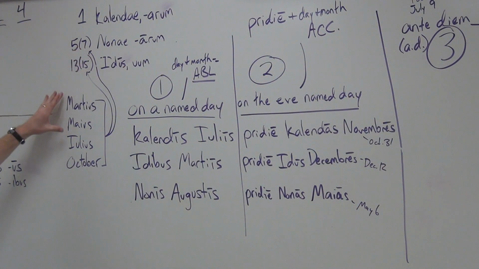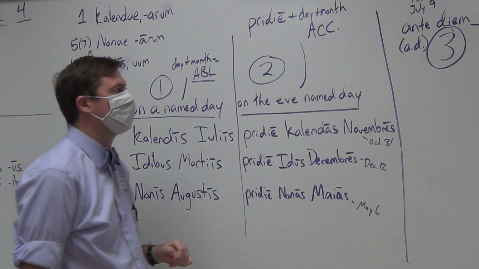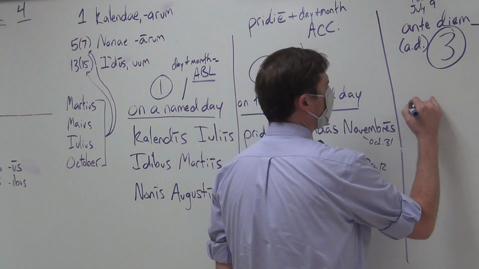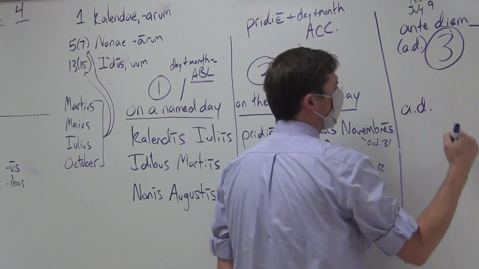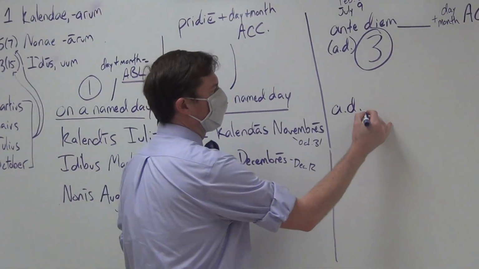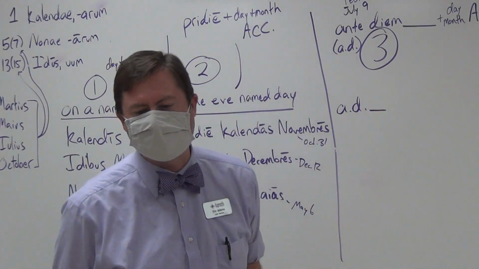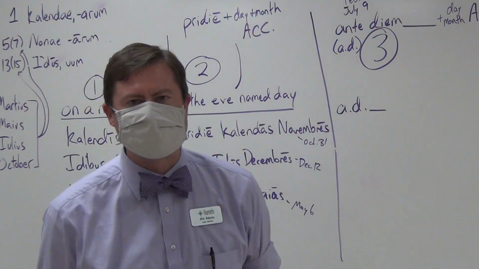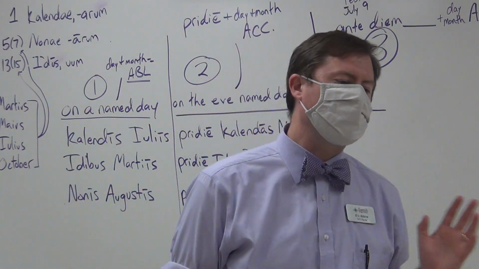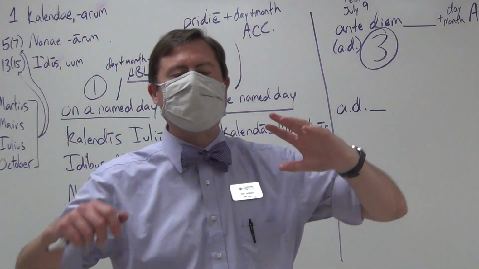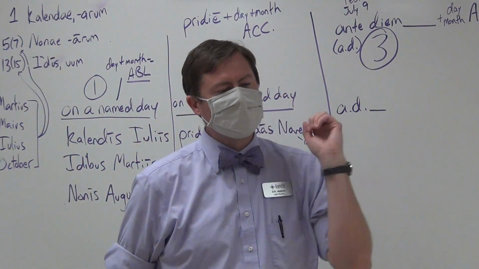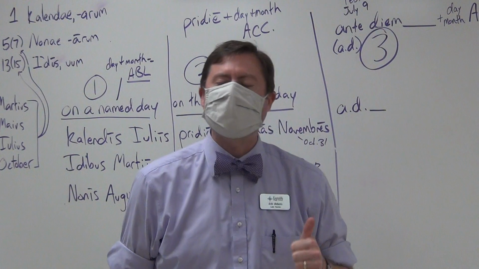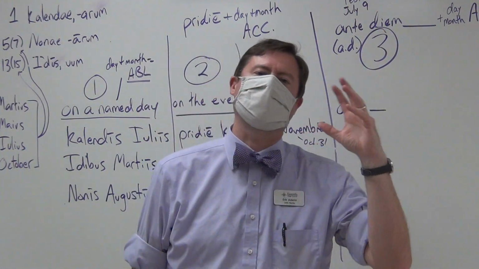February is not one of these four months, so its nones fall on the 5th and not the 7th. So what you do is you put down ante diem, and now we're going to count. Now this is the absolute key. The Romans always count inclusively, which means that they always include the date that they are starting on and the date that they are counting to.